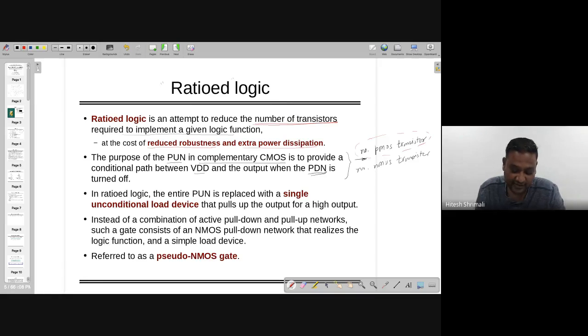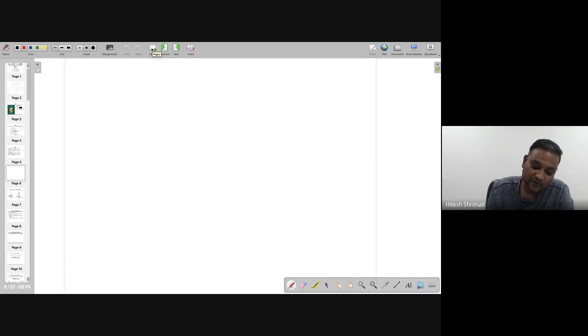In ratioed logic, the entire PUN, which is the power up network, is going to be replaced with a single unconditional load. What exactly this means is as follows. If I'm interested in making an inverter, I cannot make it just using this technique. If I'm giving this input, output is exactly opposite of that, right? With the ratio of M1 and M2.